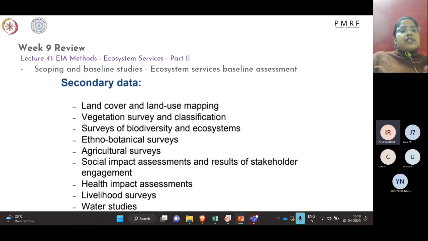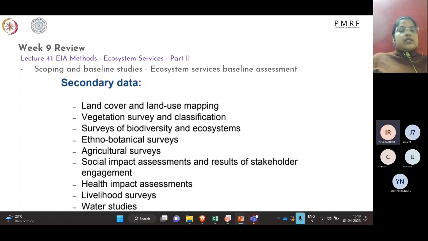Okay, and you can have surveys of biodiversity and ecosystems, botanical surveys, and agricultural surveys: how agricultural lands are getting affected, what sort of soil, what sort of crops are being grown, what seasonal pattern of crops is being observed, and things like that. Then you also have social impact assessment and results of stakeholders: how stakeholders or beneficiaries are getting affected, what is their demographic profile and economic status, and whether they had any concerns when your project was introduced.